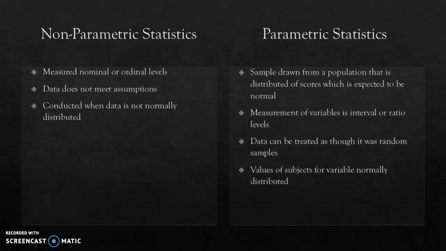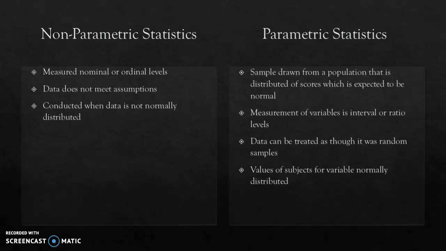I will now be talking about the analysis techniques which are identified as parametric or non-parametric statistics. Non-parametric statistics are measured in nominal and ordinal levels. The data does not need assumptions, and they are conducted when data is not normally distributed.